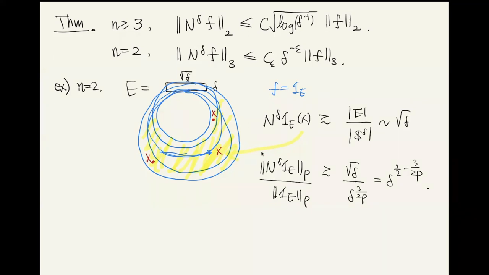The difference is again coming from this kind of examples. The sharp examples are different in dimension 2 and dimension bigger than 2. So the jump comes from, I think, these geometric reasons.